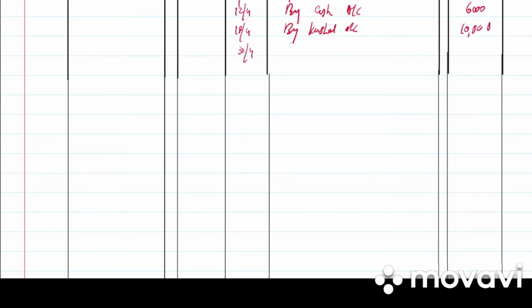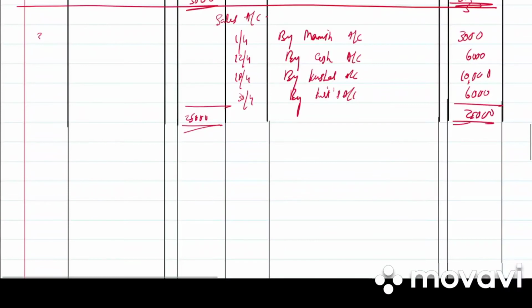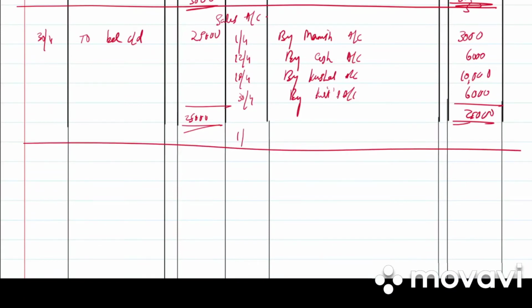And 30th April by Kirti's account 6,000. So what is the total? 25,000. So on 30th April, to balance carried down 25,000. On 1st May, by balance brought down 25,000.